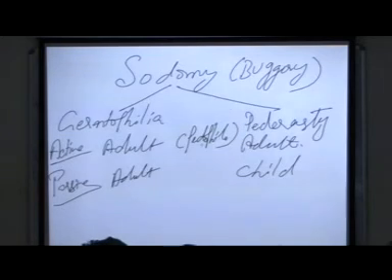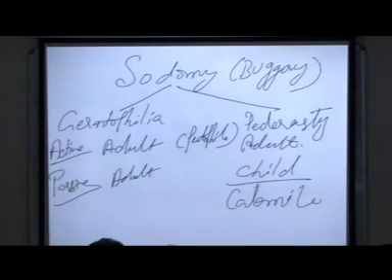And the passive agent, the child in pederasty, is called a catamite.